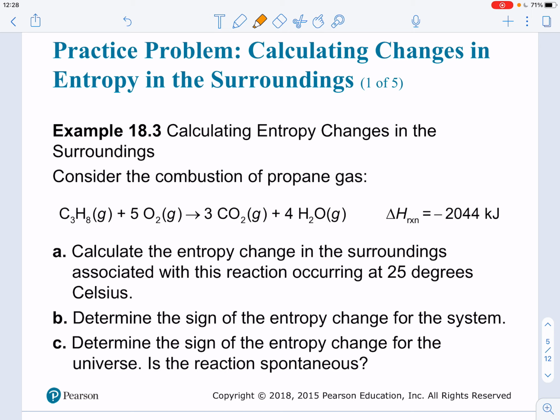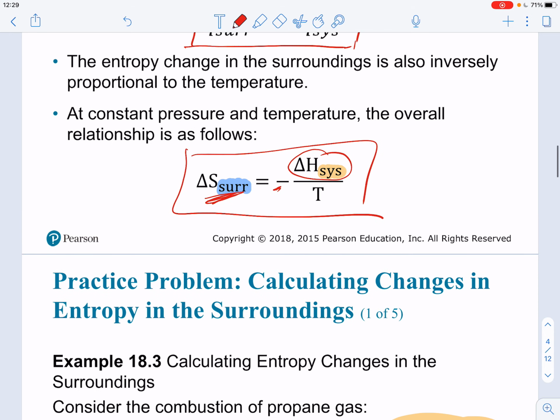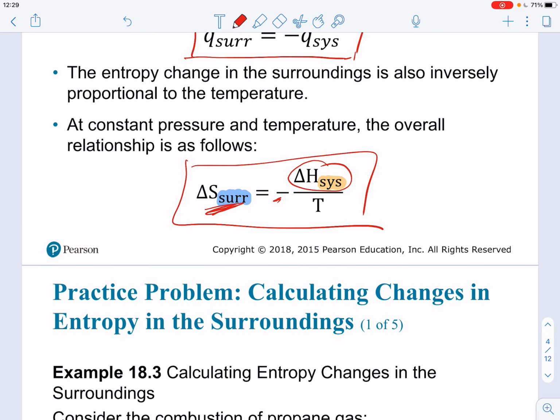Okay, we have the reaction. As always, whenever you have a chemical reaction, make sure it's balanced. I'm probably gonna give you everything balanced, but just so you know, it's a nice habit that you check that the equation is balanced. Okay, here we have the enthalpy of the reaction. This equation that we have here, this is the system.